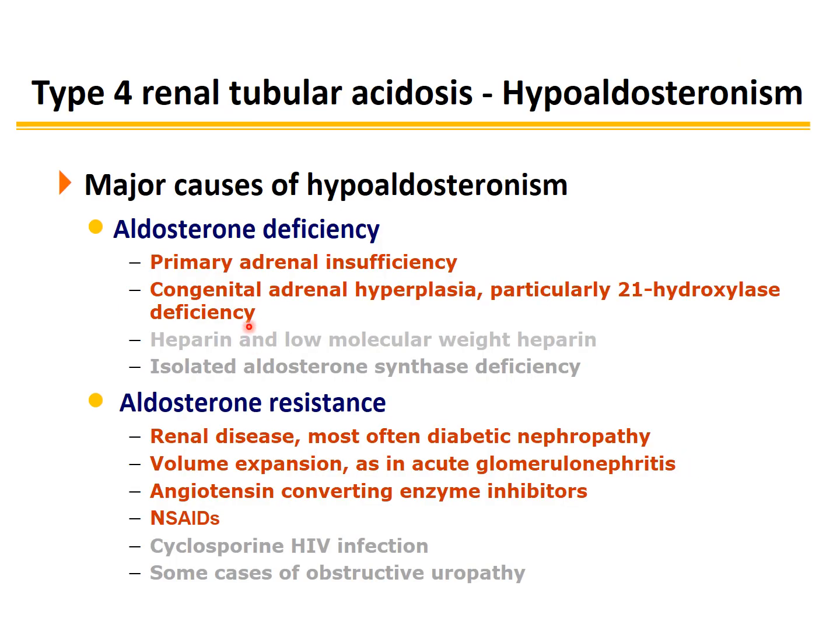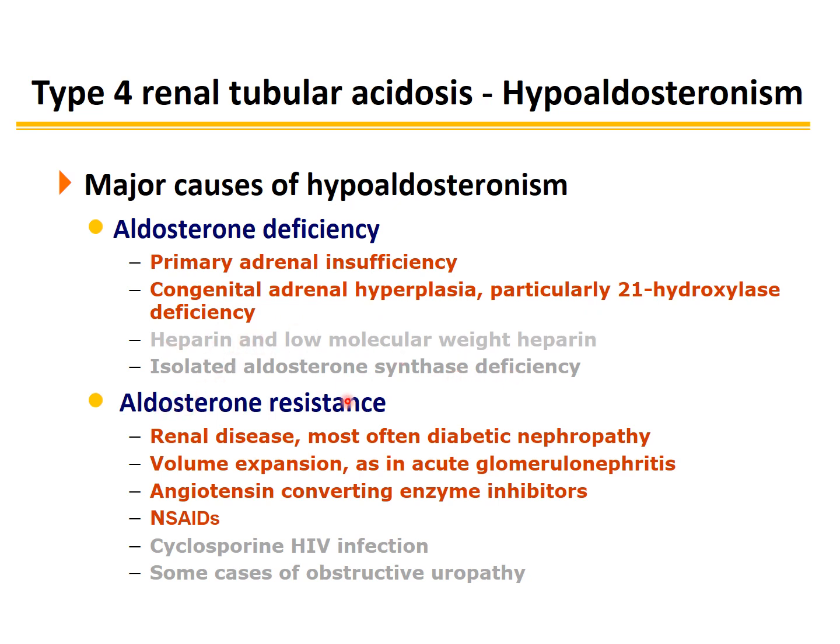The type 4 renal tubular acidosis, this is a hypoaldosteronism-induced situation. The major cause is aldosterone deficiency, as we learned: primary adrenal insufficiency or congenital adrenal hyperplasia, particularly when we have a 21-hydroxylase deficiency, and heparin, and isolated aldosterone synthase deficiency, which is very, very rare.